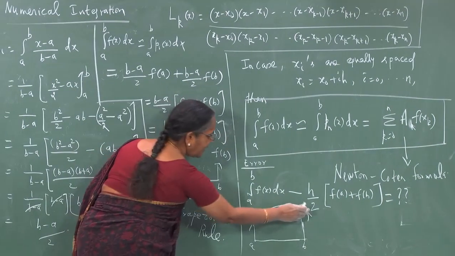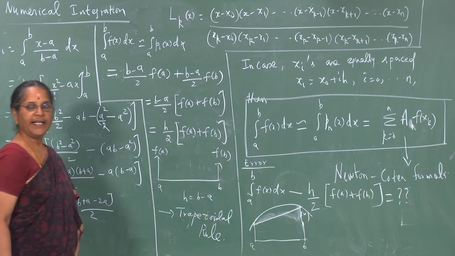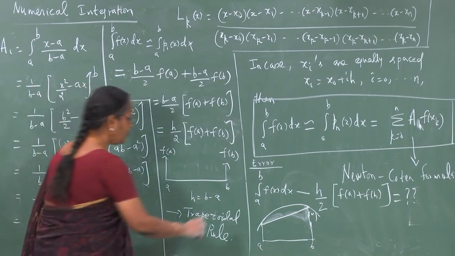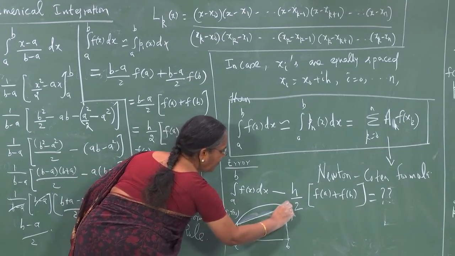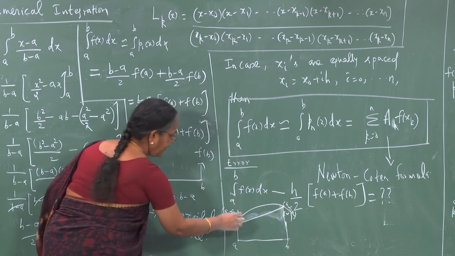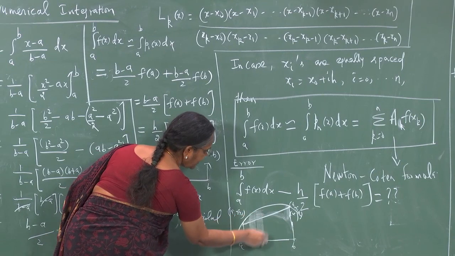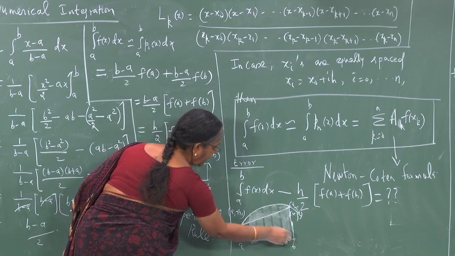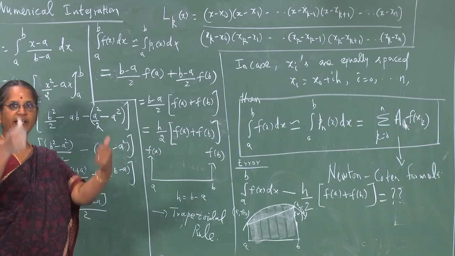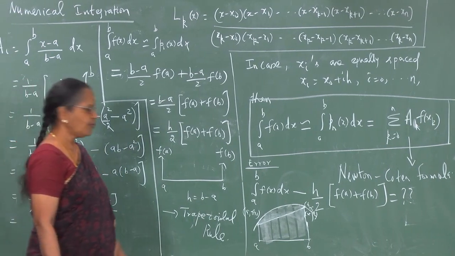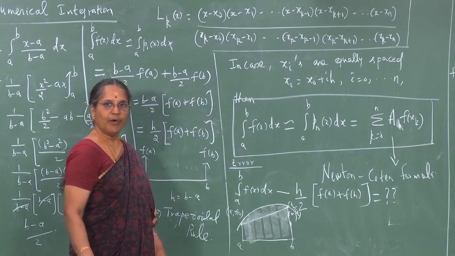You have approximated this function by means of a linear polynomial, namely a straight line passing through the points a, f of a and b, f of b. And you have approximated what is integral a to b f of x dx. It is the area bounded by the curve y is equal to f of x and the ordinates at x is equal to a and x is equal to b, namely you require this shaded area. But what did you do?